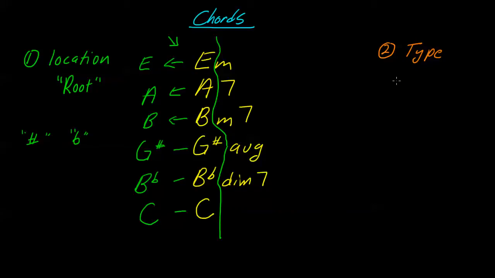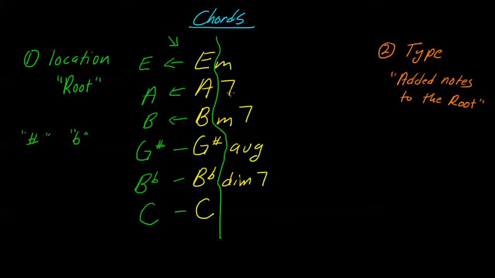And so you might be thinking, type, I still don't understand it. A practical way to think about type is it just means which additional notes you're going to add to this root note will define the type. Okay, so let me write this down. Added notes to the root.